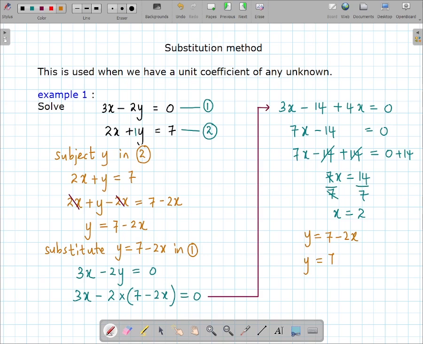Y equals 7 minus 2 times 2. 2 times 2, that is 4. 7 minus 4, that is 3. Then what is the final answer? X equals 2, y equals 3.